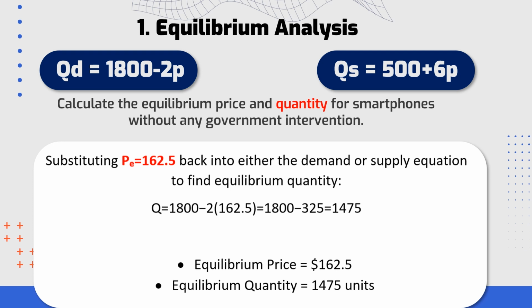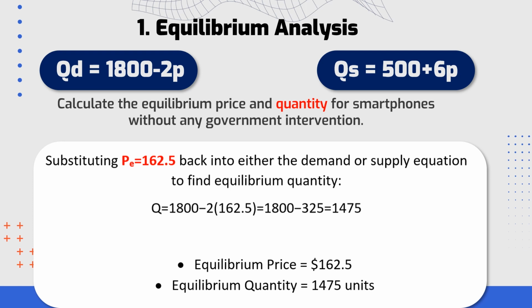So we just picked the equation of demand and just substituted P, which gives us 1800 minus 2 multiplied by $162.50, and in the end we receive 1475 smartphones or units of production in this case.